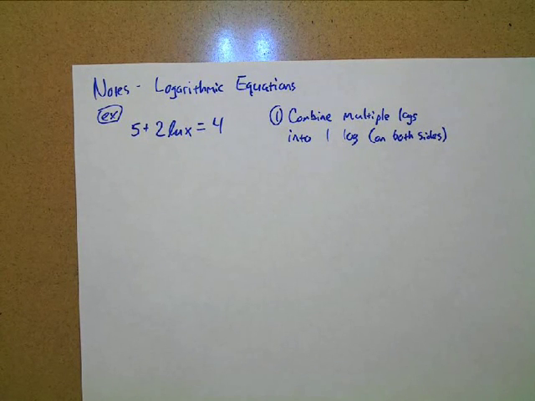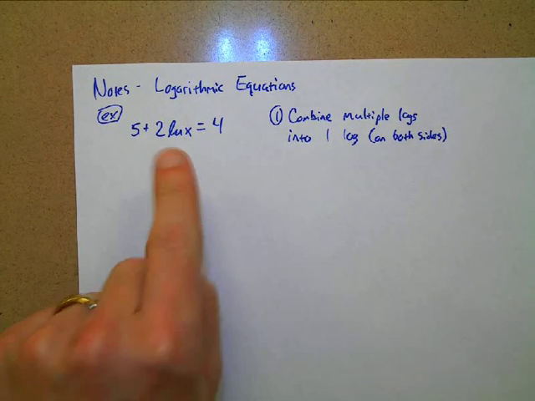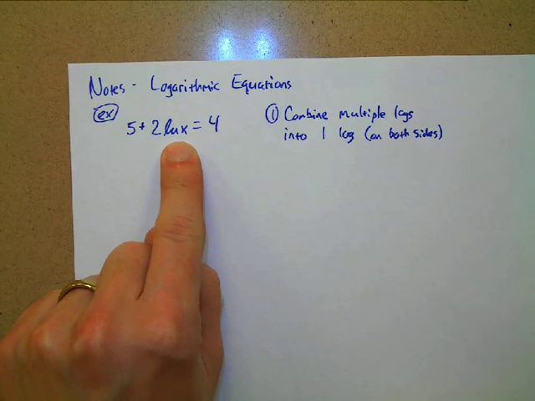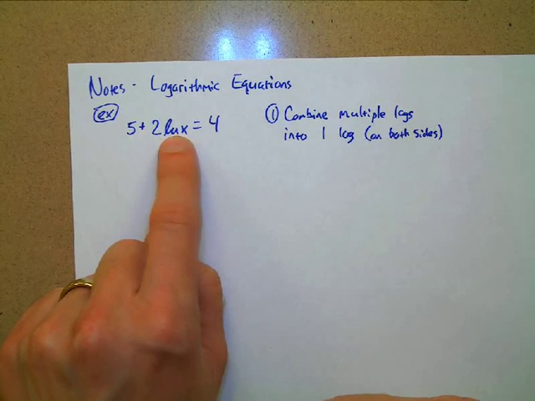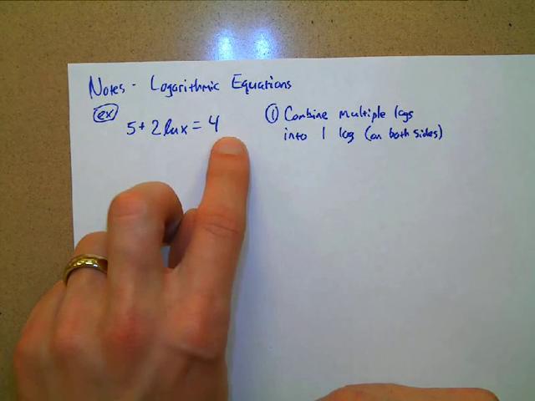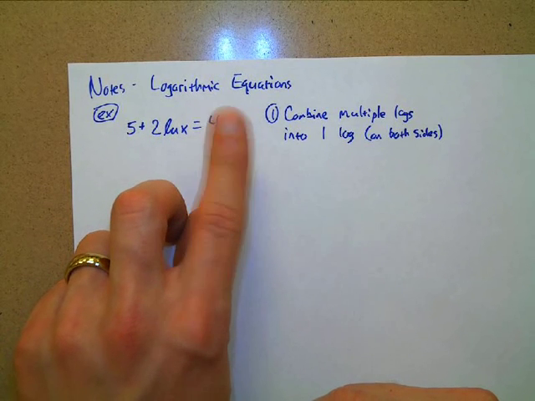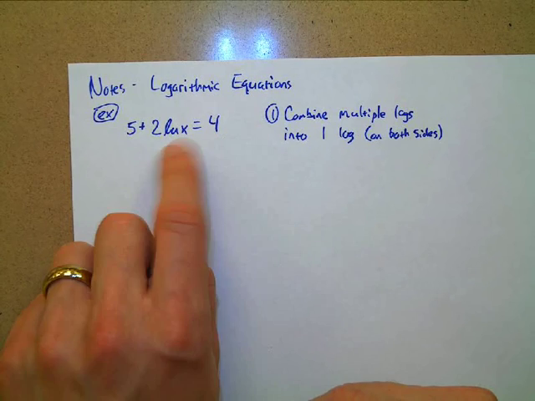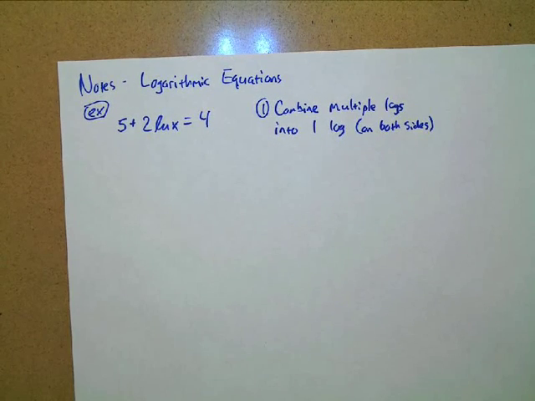Of course, that's not the situation we have here. We already have just a single logarithm. If we had multiple logarithms on the left-hand side, we would use our log properties to get those together, and the same on the right-hand side. But since we only have one here, we're going to skip step 1.